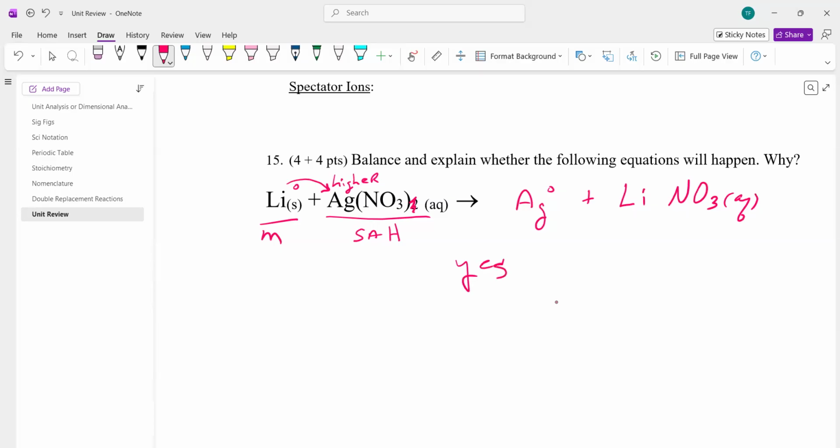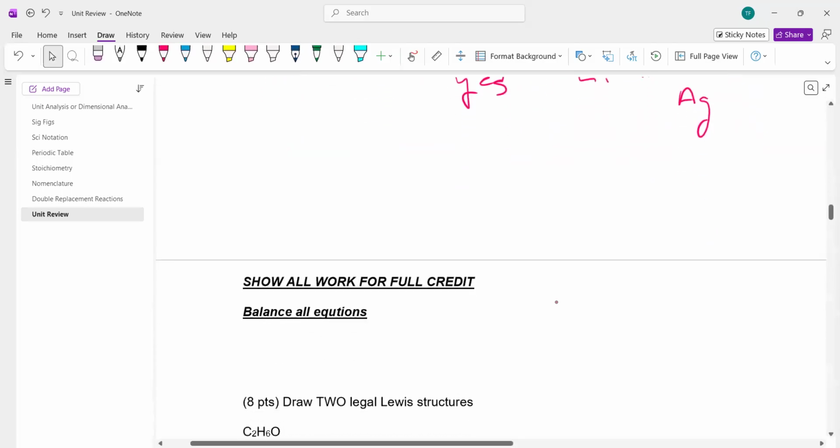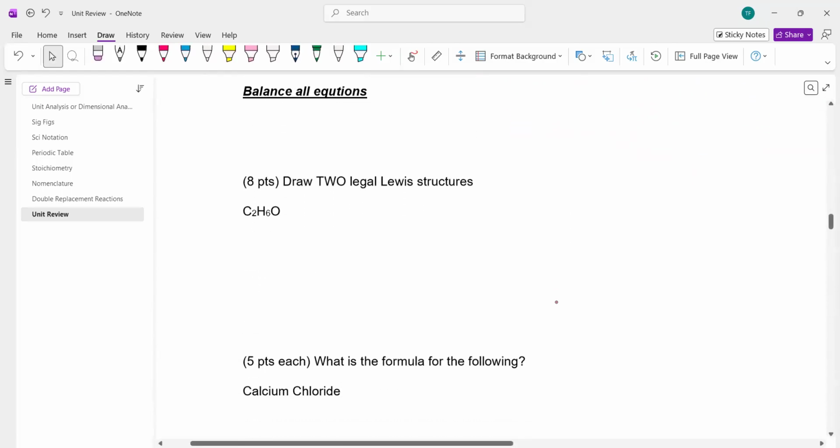The reason is lithium is above silver. If it was the opposite, the answer would be no, because it's below it. Okay. Draw two Lewis structures.